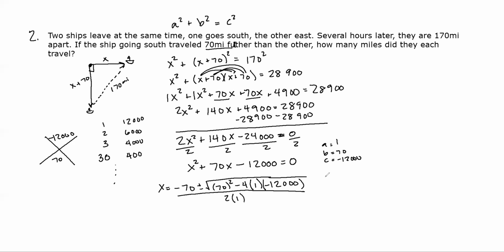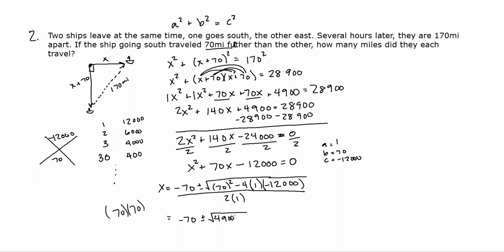So 2 times 1. Now let's go ahead and try simplifying this. We're going to have negative 70. Let me see where I'll have the most room for this. We'll do it down here. Negative 70 plus or minus the square root of, now 70 squared, 70 times 70, is going to be 7 times 7 is 49.